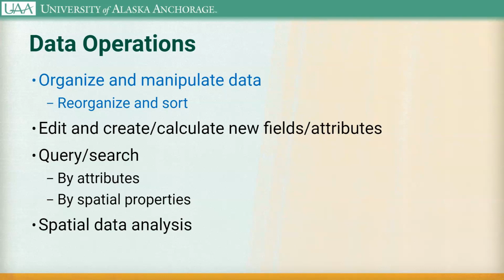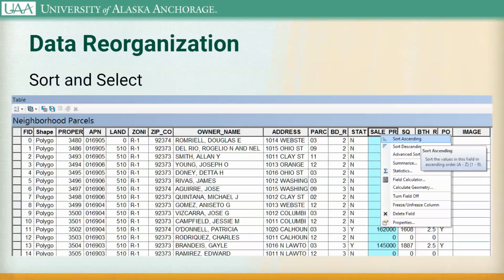So by creating this database structure, you can start to control that, organize it, interpret it in ways that are helpful. So one of the most simple, straightforward actions that we take on a database is sorting and selecting records.